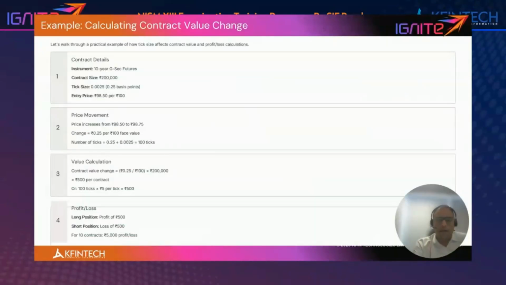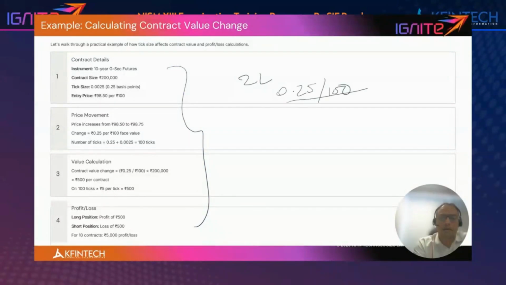Now let's see a practical example of a contract. Here the contract is of 2 lakh minimum value and 0.25 is the tick size, that is 0.25 divided by 100. Now if the price moves from 98.5 to 98.75, why 98.75? Because from 98.5 the next tick has to be at least 0.25 basis point above. So 98.75.